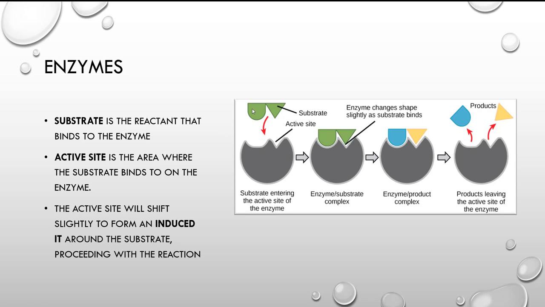Now it can go back to normal and receive another substrate, and do the whole thing over and over again. It never gets used up. So enzymes can do the same reaction over and over again as long as there's a substrate to react with. All right, so that's how enzymes work.